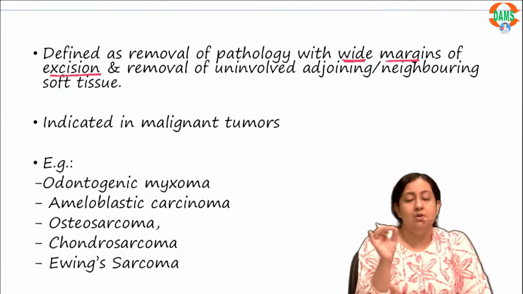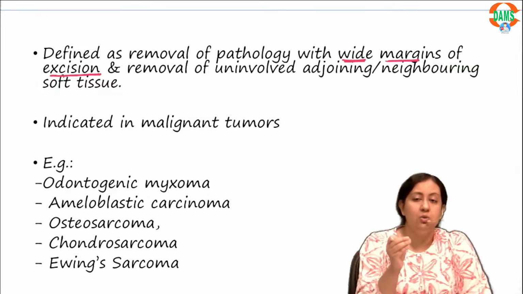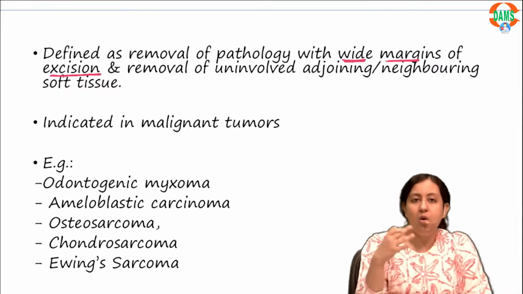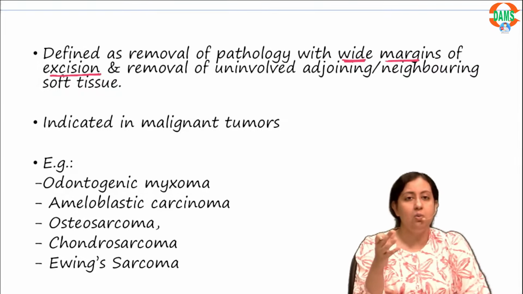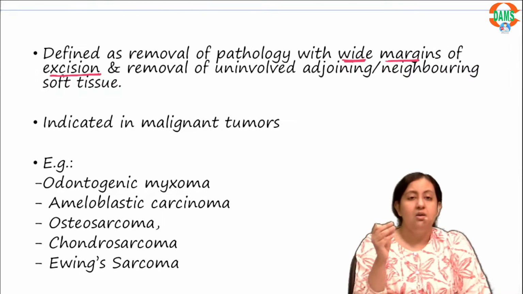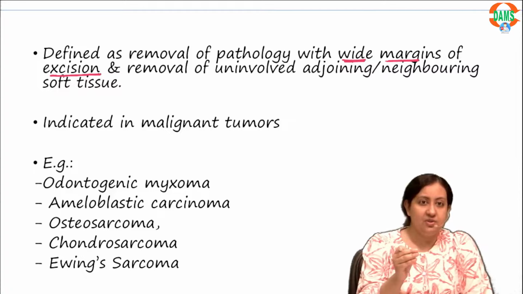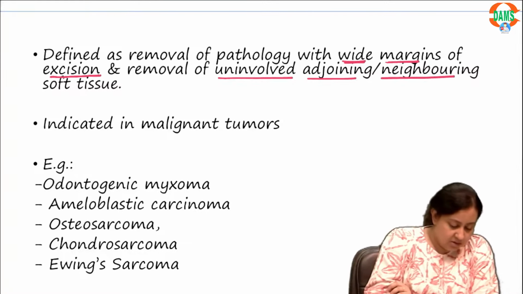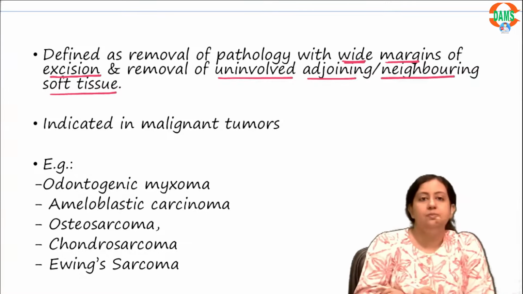When you say wide margins, that means you are including the soft tissue. But there is no number to it, because soft tissue many a times will be beyond the distance of 1 to 1.5 centimeters. It can be farther away. So that is why we say wide margins of excision, and removal of uninvolved adjoining or neighboring soft tissue.